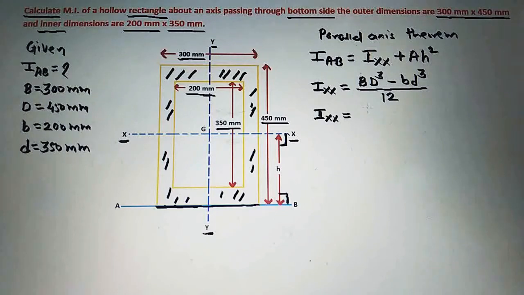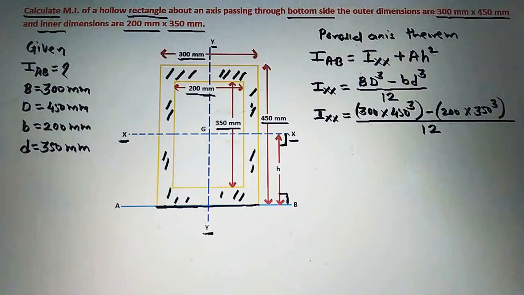Then we can write Ixx is equal to, what is capital B? It is 300 into 450 cube minus small b 200 into small d 350 cube here divided by 12, and if we calculate this, then we can write Ixx is equal to 1.56 into 10 raised to 9, and the unit will be mm raised to 4.